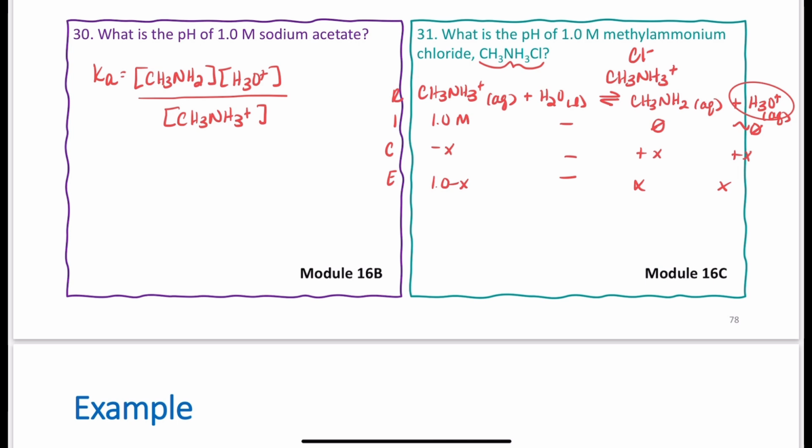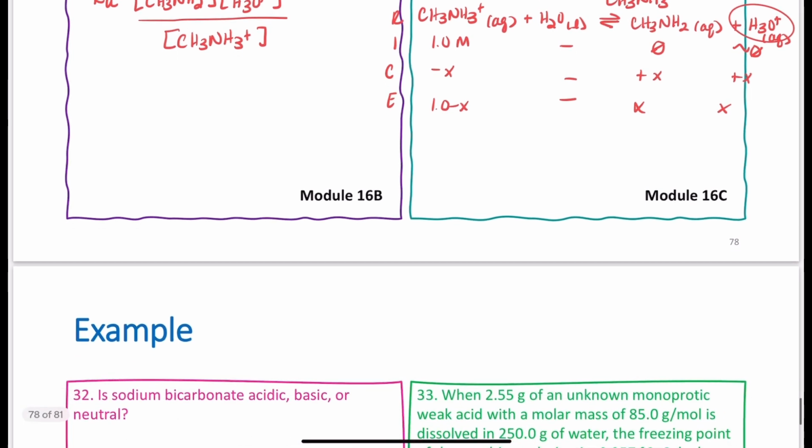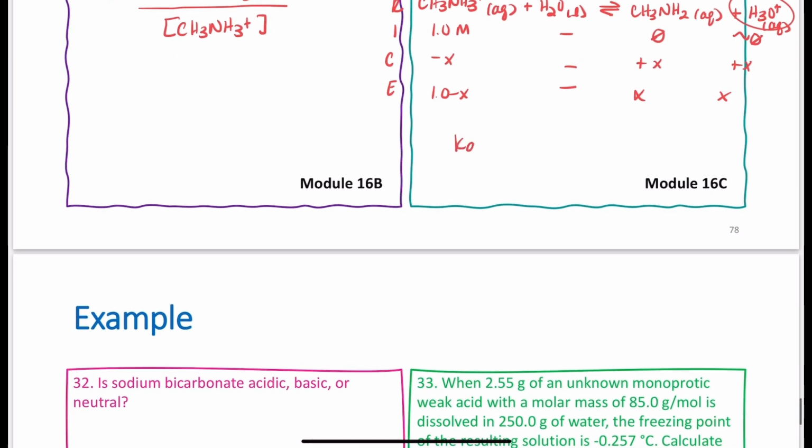Now, I need the Ka value here, and I'm guessing I gave you Kb. I don't actually know what the Kb value is because I didn't write down my own notes. But remember, Ka times Kb is equal to Kw. So plug that in, and you should find your Ka value to be 2.27 × 10⁻¹¹, 2 sig figs, I underlined the second 2.